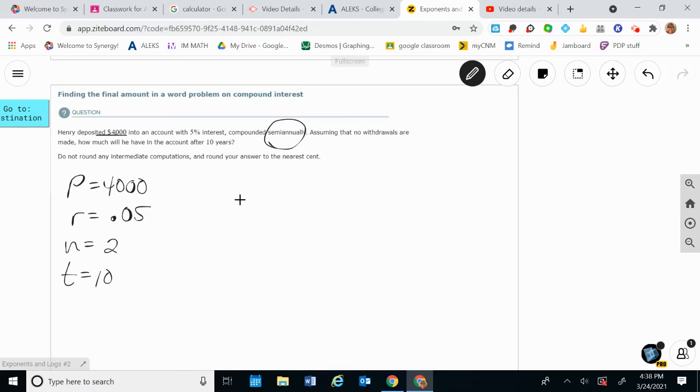Okay? So watch. You're going to plug this in, and then you need to divide this by 2 and then go to 10. But they don't want you to do this. Do not round any intermediate. So you could do this and then not round, but just plug that into the calculator. It's much easier.